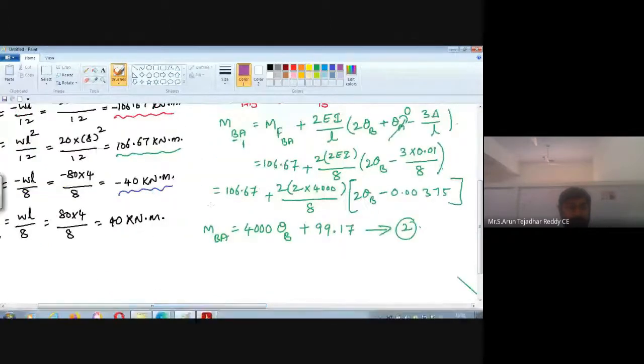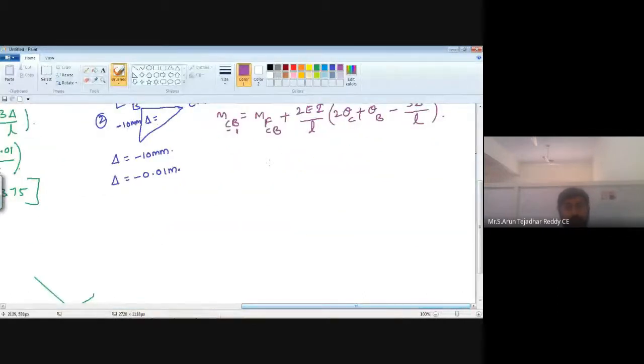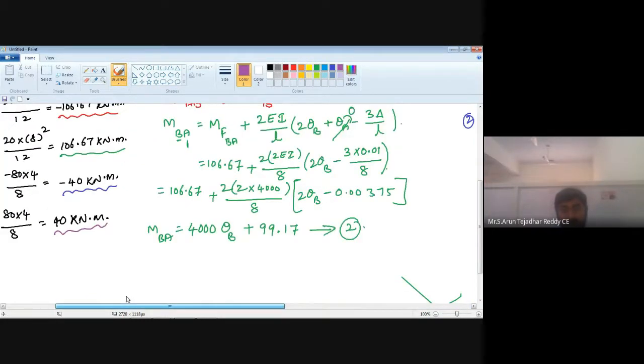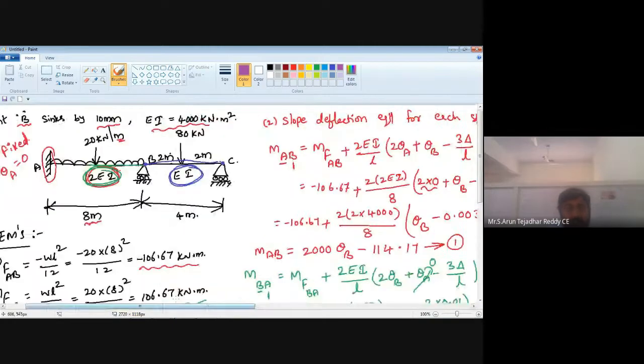Here MFCB is 40 kilonewton meter. 40 plus 2 into C, BC span as well as CB span. Here BC as well as CB is EI only.